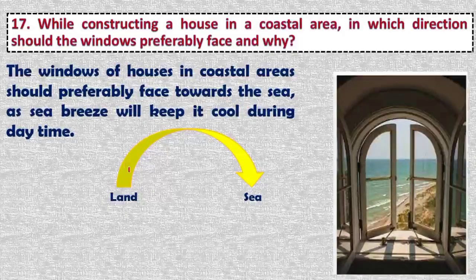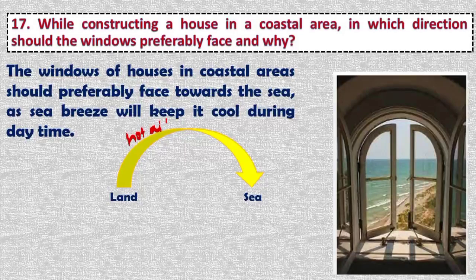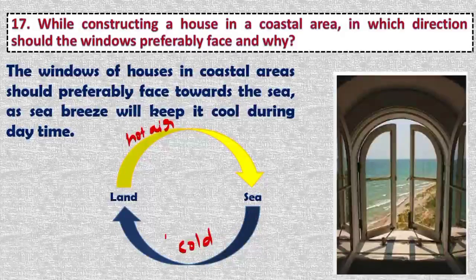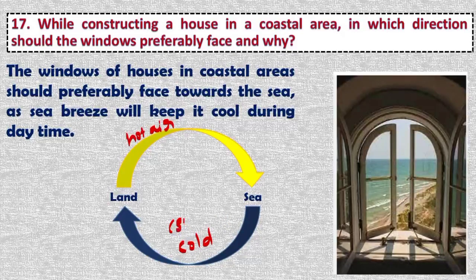During daytime the land gets heated very fast, therefore the hot air rises and moves towards the sea, and the cooler air above the sea is pushed towards the land. As it is coming from the sea, I call it a sea breeze.